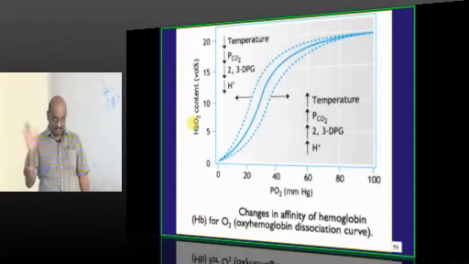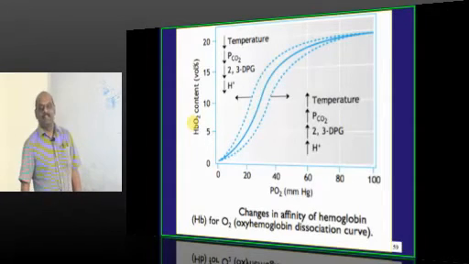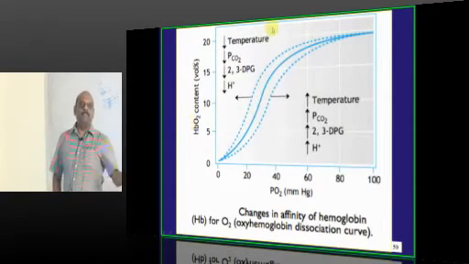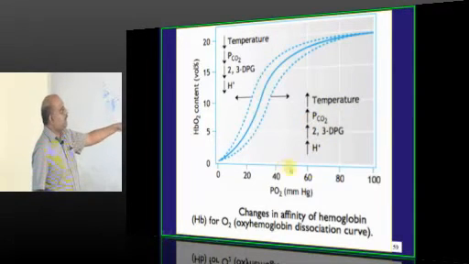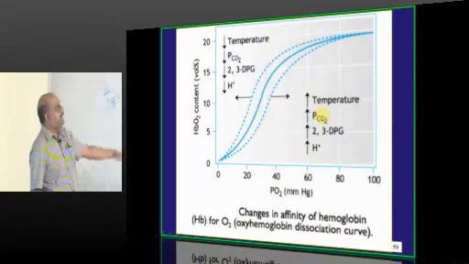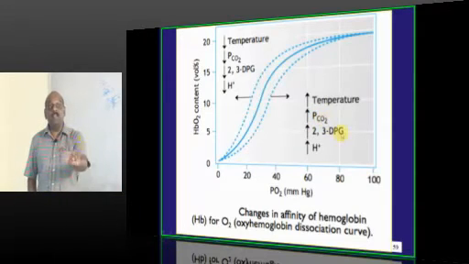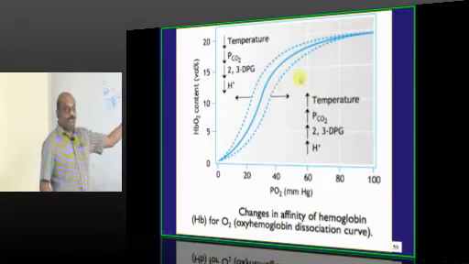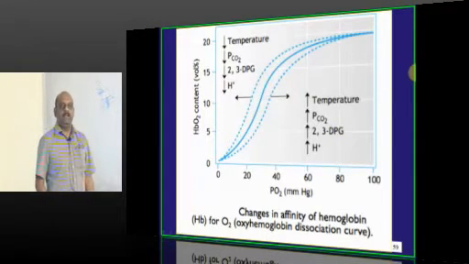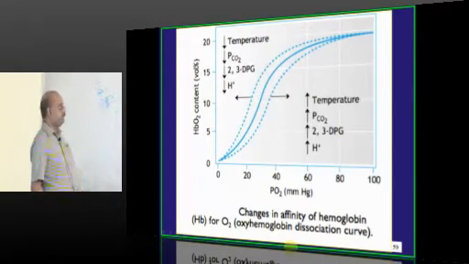Not our right, curve's right. Curve's right, all rises: rise of PCO2, rise of H plus, rise of 2,3 DPG, rise of temperature, not rise of pH, will lead to shift to right. Right is rise.